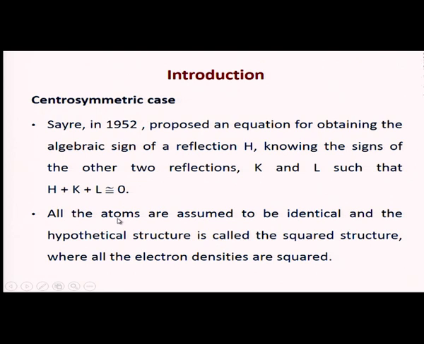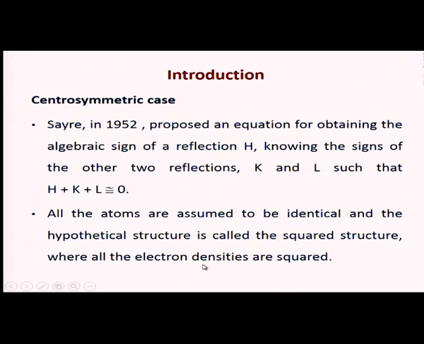Here all the atoms are assumed by Dr. David Sayre to be identical, and the hypothetical structure is called a squared structure. Why is it called hypothetical? When you talk about a molecule, the molecular structure corresponds to some sort of electron density, but he assumes that this hypothetical structure has the square of the density.